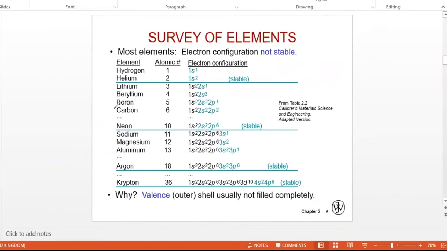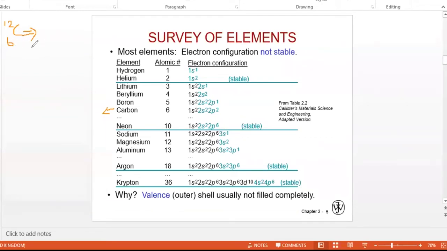If I take the example of carbon, in your O-level days you wrote it as carbon 6, 12. This 6 is our atomic number and this 12 is our mass number. But now we are not going to deal with the mass number; for now we will concentrate only on the atomic number.